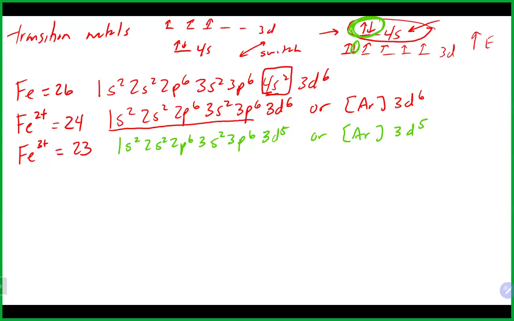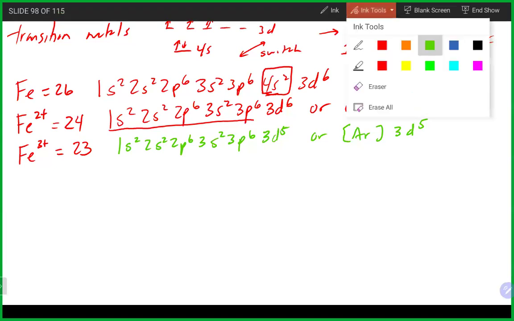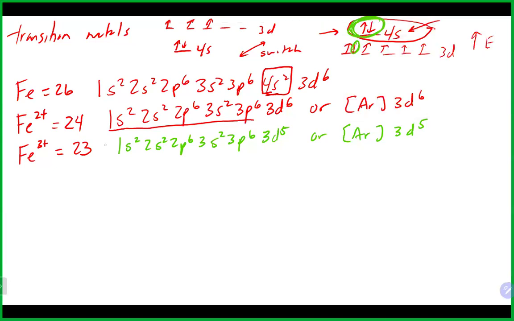Question on that there. So why don't you write the electron configuration here for, let's do potassium with a +1 charge. Let's do selenium with a -2 charge. Let's do a nickel with a +4 charge.